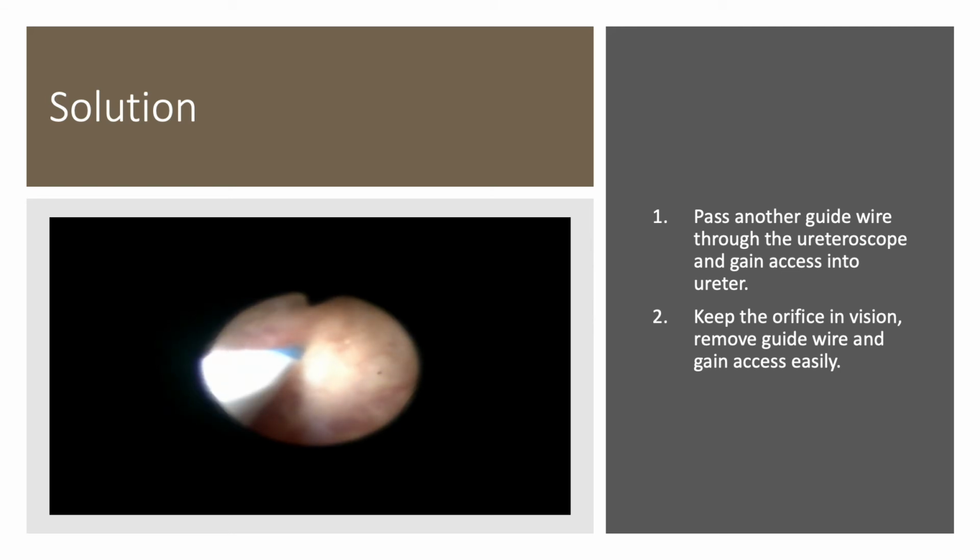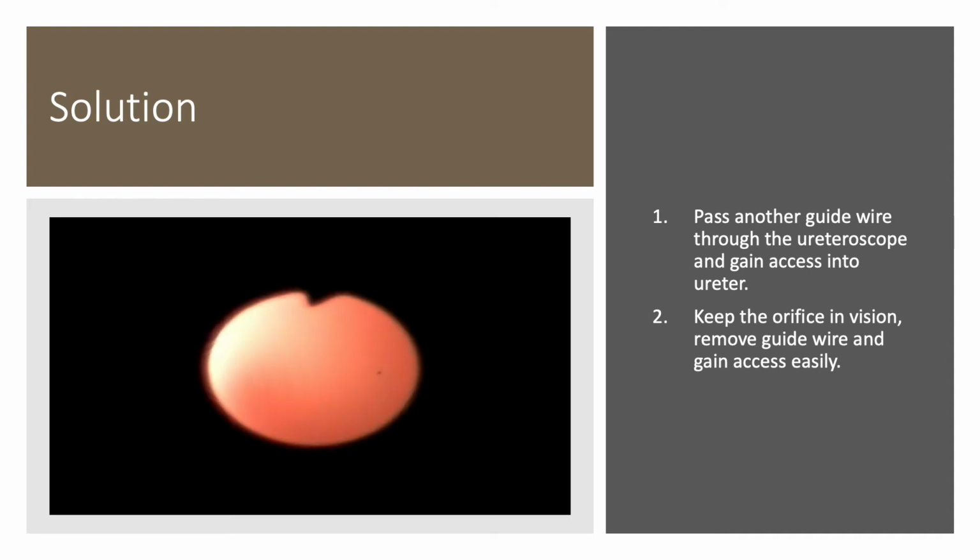You keep the orifice in vision, remove the guide wire, and introduce the scope without any guide wire. This will also work because you have already located the orifice and you have kept the scope in the alignment of the ureter. The scope may pass in easily through the ureteric orifice. Both the techniques are useful.